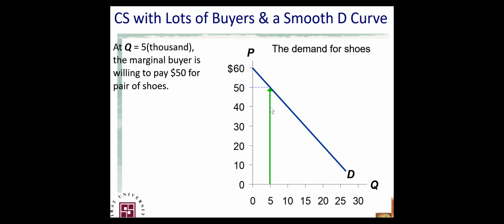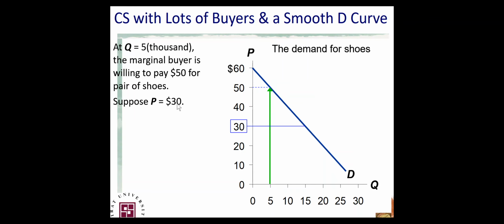Let's say at the price of 50, 5,000 pairs are demanded, and in that case, we will see the demand at another price and see how things go.